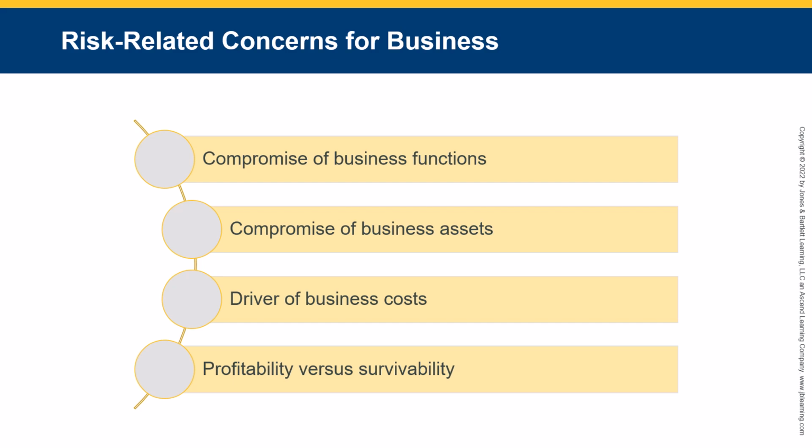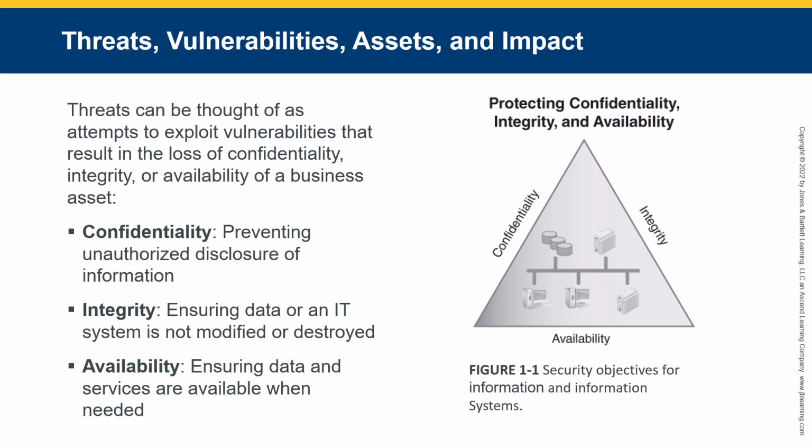These are all key concepts that directly relate to risk. So let's look at threats, vulnerability, assets, and impact. When we look at our confidentiality, integrity, availability triad, threats can be thought of as an attempt to exploit a vulnerability that should result in loss of confidentiality, integrity, or availability of a specific asset.